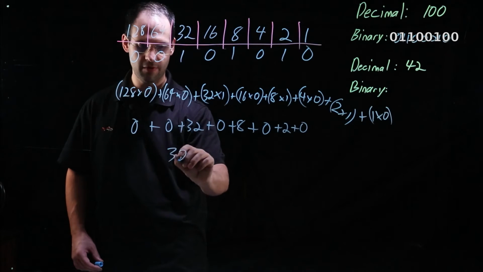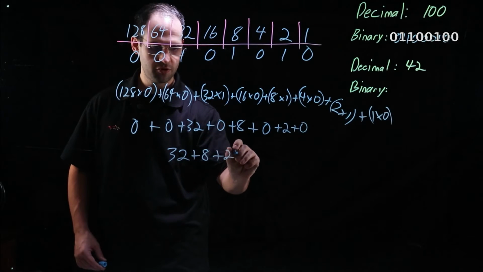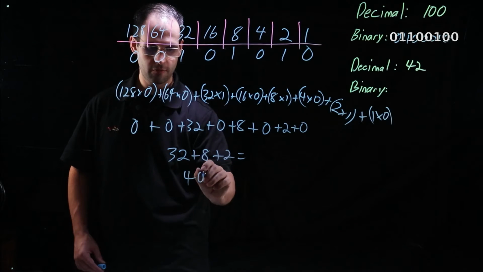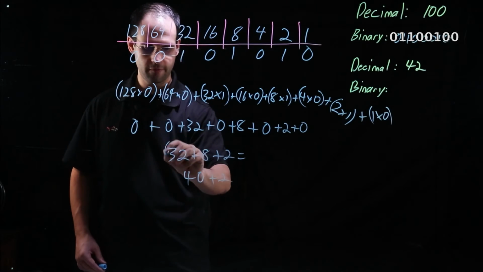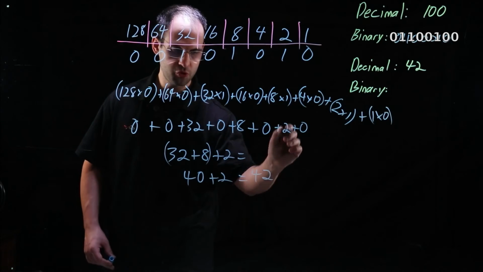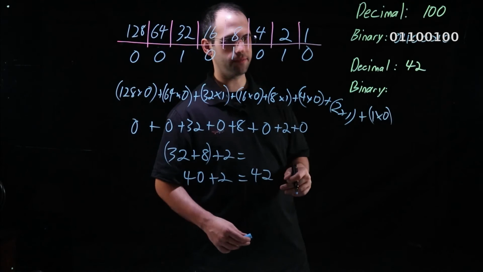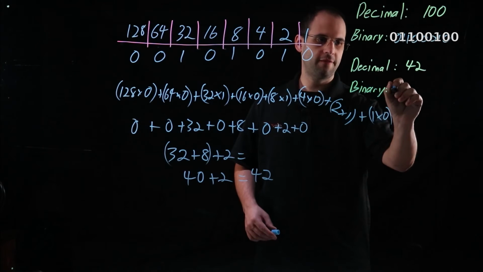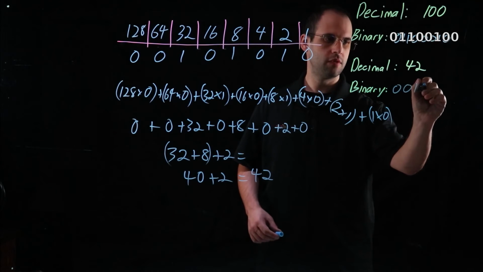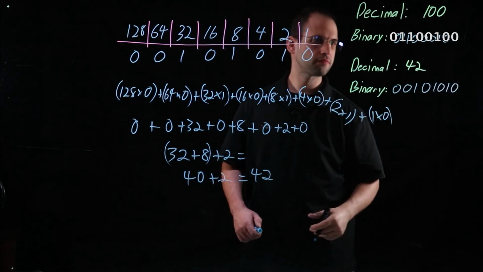Or if we keep on breaking it down, 32 plus 8 plus 2 equals, well, 40 plus 2, equals 42. So I can work backwards and forwards either way. My final result was 0, 0, 1, 0, 1, 0, 1, 0.